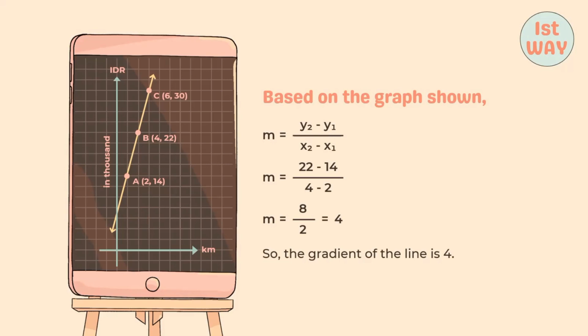So here, x1 is 2, y1 is 14, x2 is 4, and y2 is 22. So m is equal to 22 minus 14 over 4 minus 2. When we calculate it, we will get m is equal to 4. It means the gradient of the line is 4.